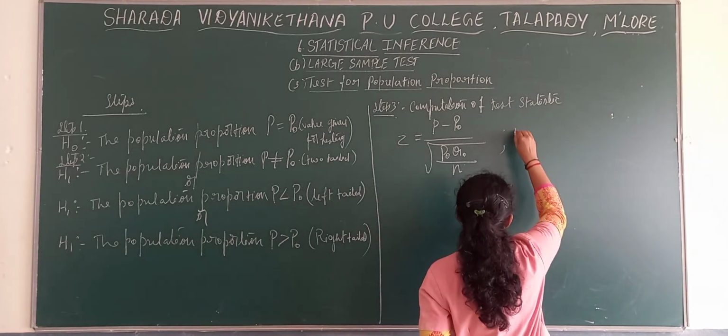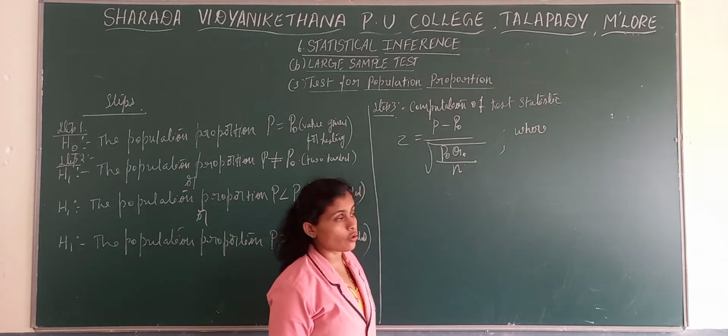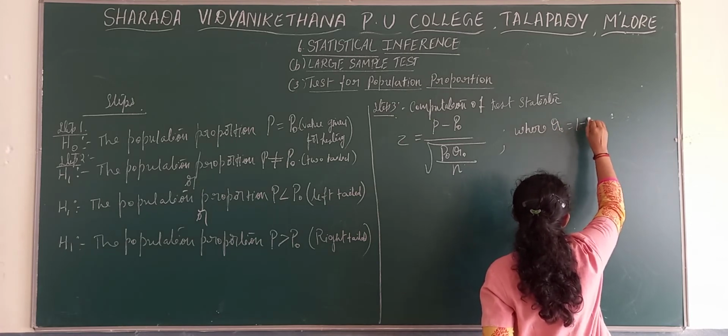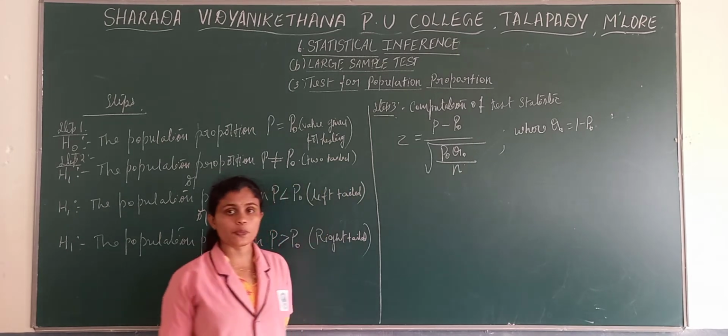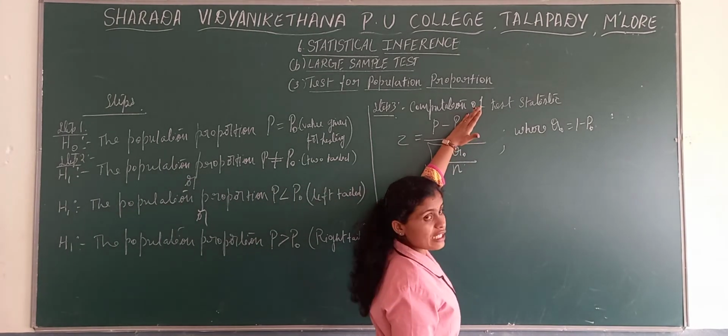Now how to find out Q0? Q0 is equal to 1 minus P0. Whatever value they give as P, in the problem we can take it as only P.